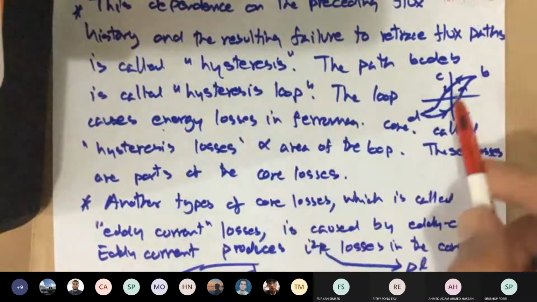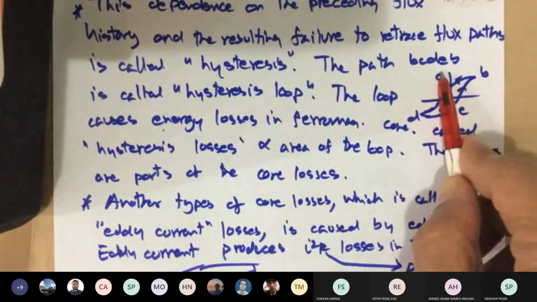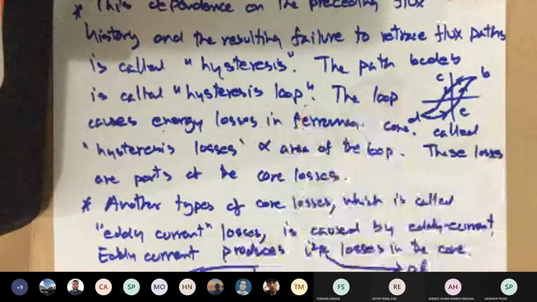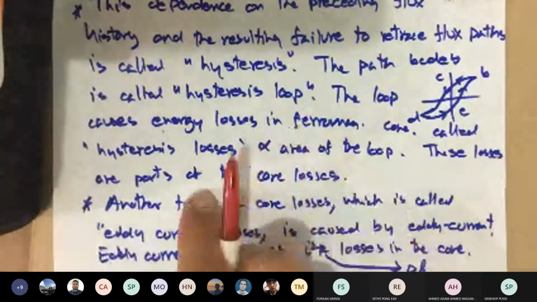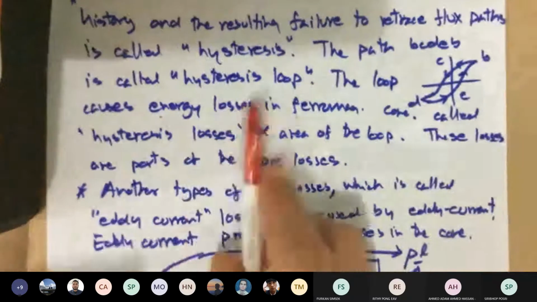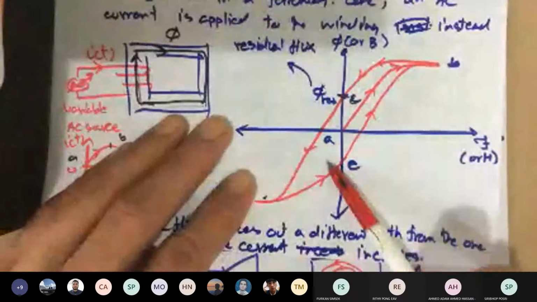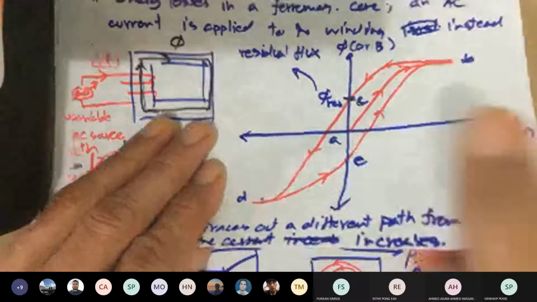The path B, C, D, E forms a loop called the hysteresis loop. On the one hand, it's good because this is how we make a permanent magnet. Remember that? You want residual flux left in there without any current. So that's a good thing.